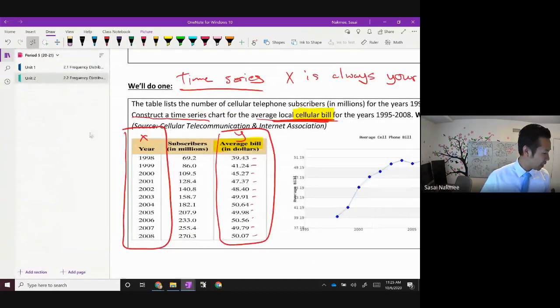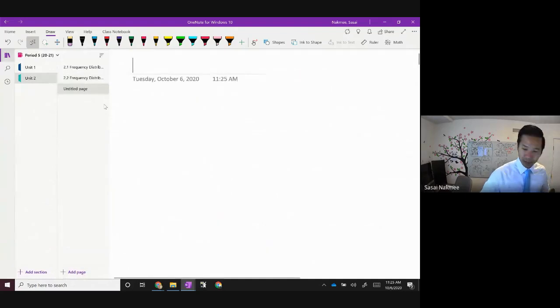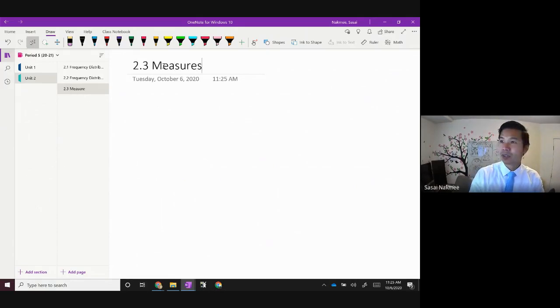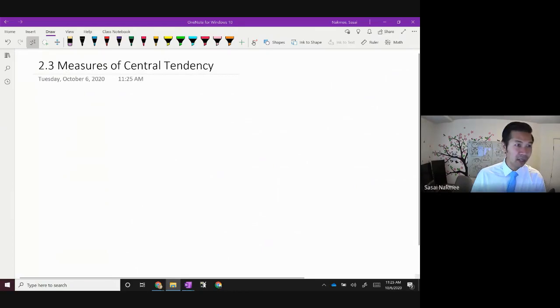So let me go ahead and add that in here. We're going to do 2.3. I believe 2.3 was measures of central tendency or central tendency measures. I already forgot what the title was. Give me 1 second here. There it is. 2.3 measures of central tendency. Right, measures of central tendency. Let's go ahead and get that on there.